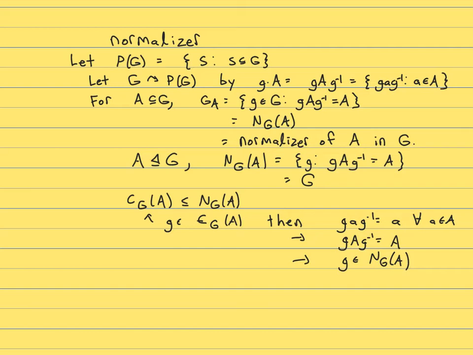I guess as an abstract thought, if you think of A as a neighborhood of houses, being in the centralizer says that you've got some sort of permutation that keeps every house where it stood after the earthquake hit, whereas this one says that the houses permuted among themselves, but everyone still stayed in the neighborhood. And if you're not in the normalizer at all, then one of the houses just flew out of the neighborhood.